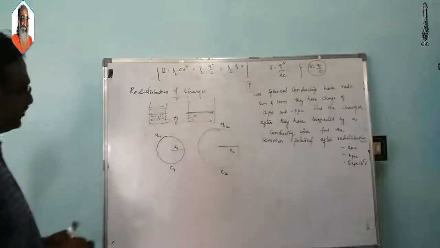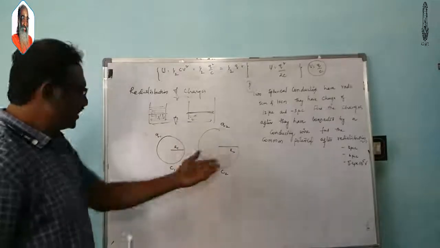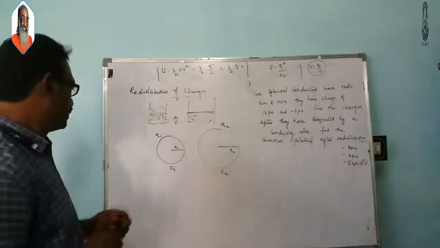So the charges are different and the radii are different. As the radii are changed, certainly the capacitance also will change.